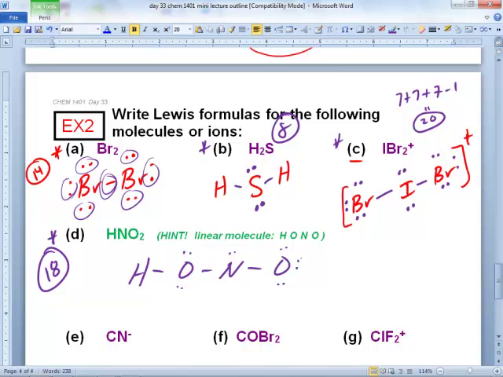So the trick to doing this is, before you make a double bond, erase 2 electrons somewhere. You're just going to move the electrons around. So you erase 2 electrons somewhere, make a bond, and see if you fix the problem. Try it. Then you count up and see if everything has 8.